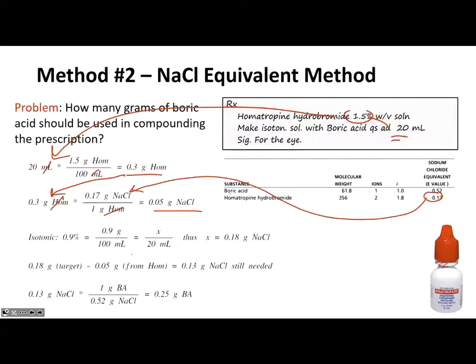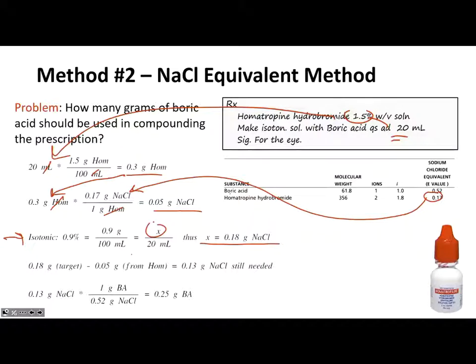That's how much sodium chloride my homatropine mimics. Is that enough? How much sodium chloride do we need? The next step is to set out my target. My target is 0.9%, which is 0.9 grams per 100 milliliters. But I'm not making 100 mils. I'm making 20. So let's set up this proportion and solve for x. 0.9 times 20 divided by 100 gives a total weight of sodium chloride for only 20 milliliters of 0.18 grams.